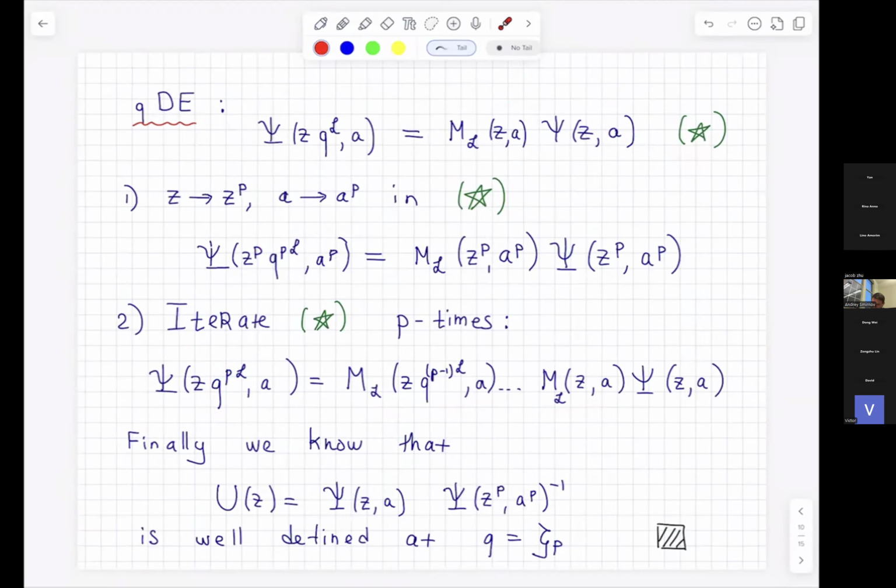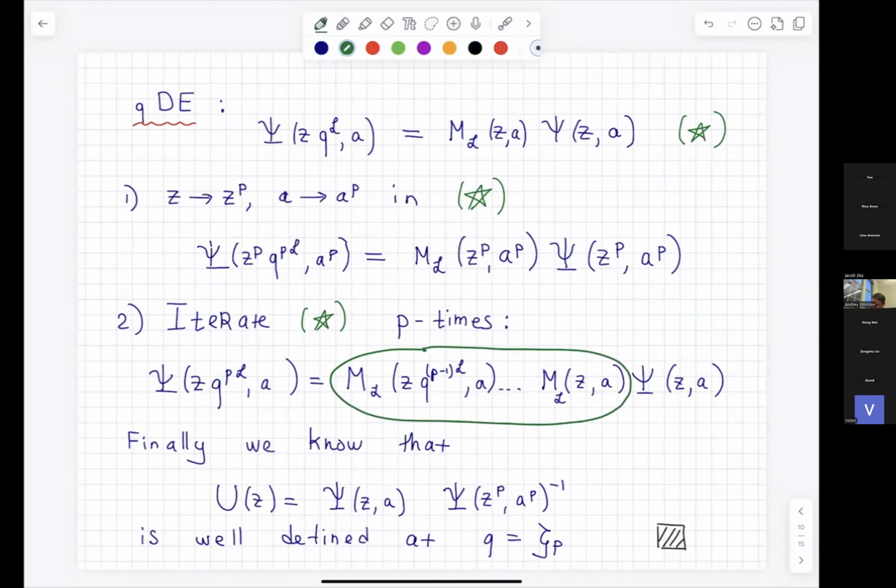And, well, you can note here that this iterated product of M matrices at q given by zeta p, by this root of unity, is exactly the matrix M zeta p z.